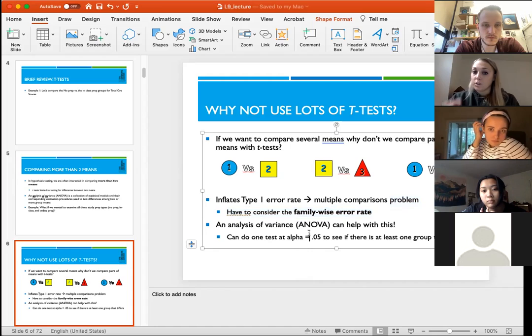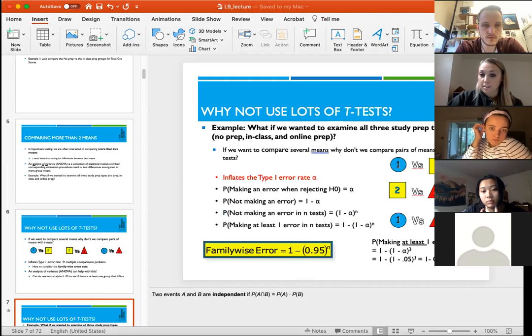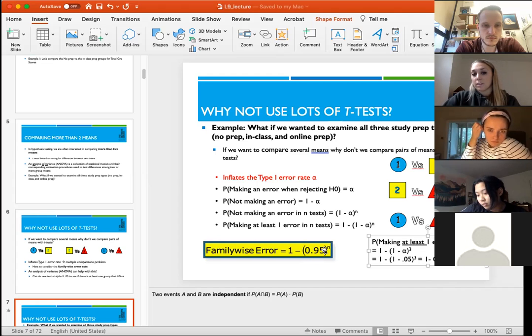So essentially, if you do 3 independent samples t-tests on the same data set, but with all these different group combinations, what you actually end up with is a situation where your type 1 error rate is no longer 0.05, it's now 0.14, because this is referred to as your family-wise error rate. Your family-wise error rate is based on your probability of not committing a type 1 error, so 1 minus 0.05, so 0.95, exponentiated to however many tests you're going to do.